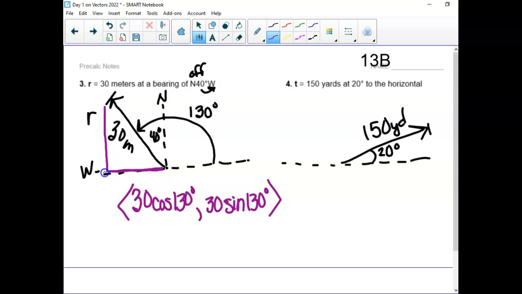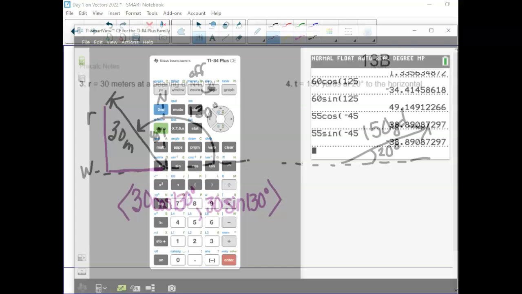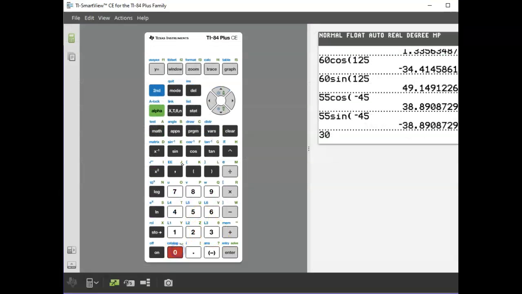It's like we're undoing the Pythagorean theorem. We're finding those two legs. So 30 cosine... negative 19.3 and 23 basically.